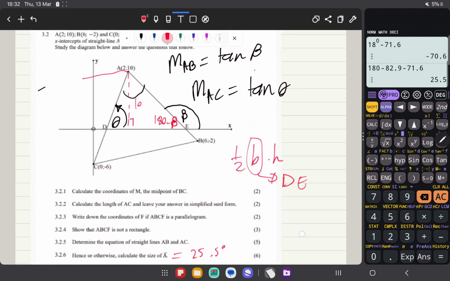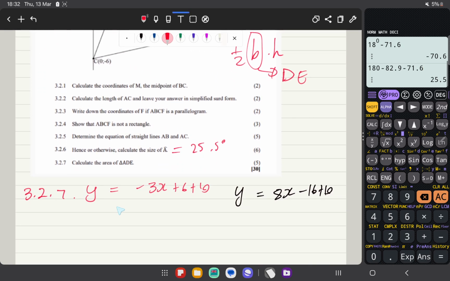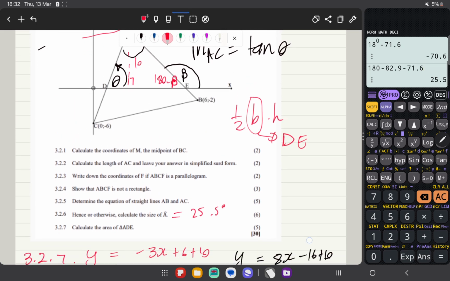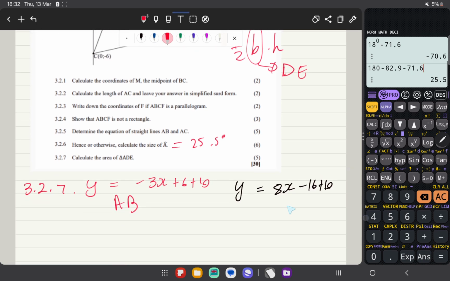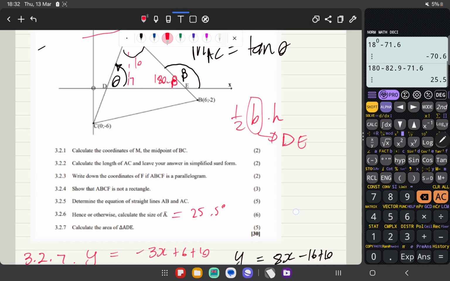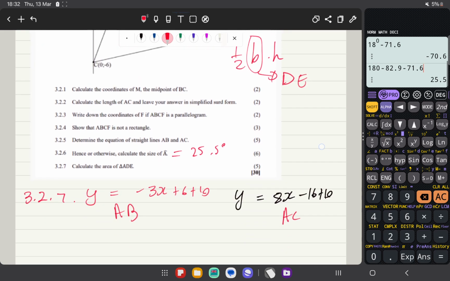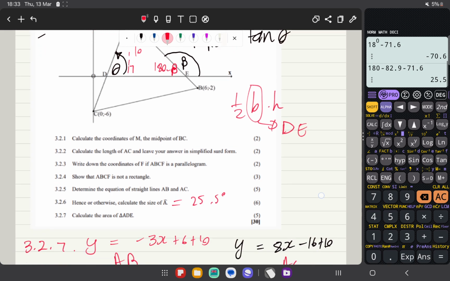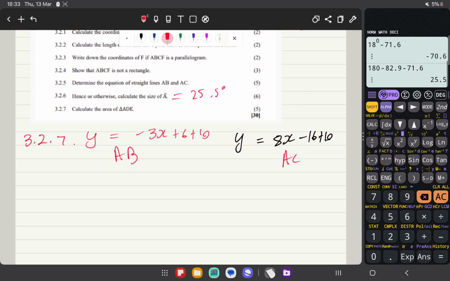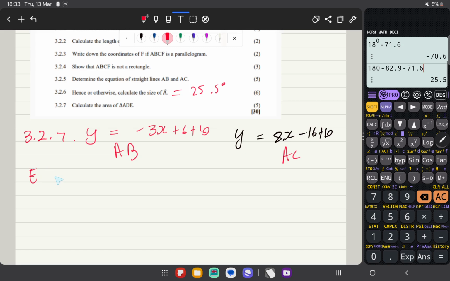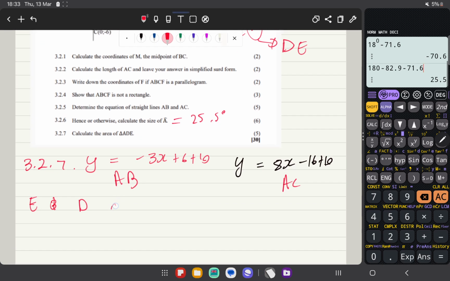The negative one is AB, and this is AC. These equations are going to help me find points D and E, which are both x-intercepts.